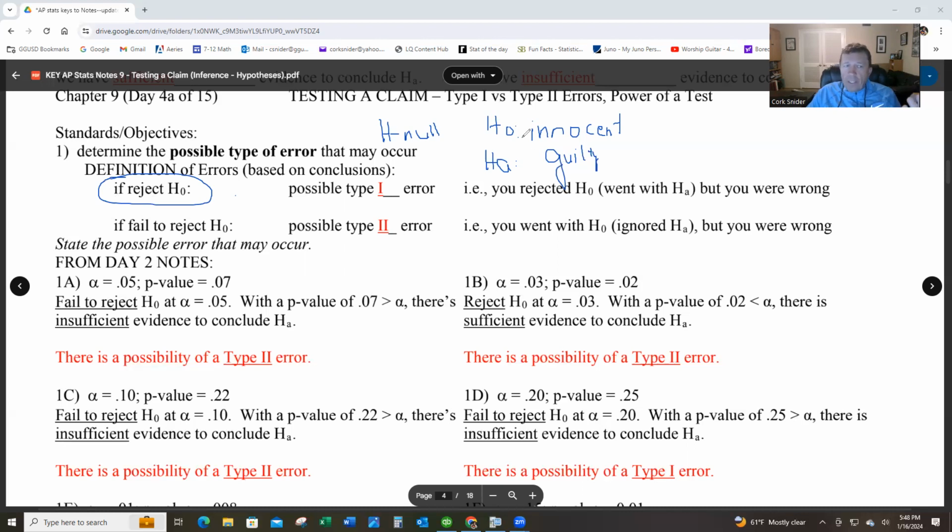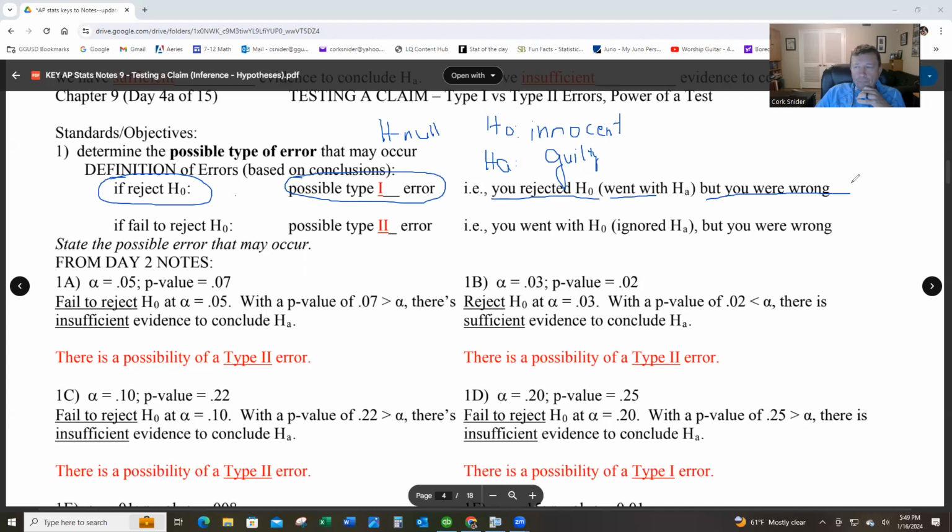So if you reject H0, you're basically accepting that HA is true. If you are eventually found wrong on that, like some crazy situation where a lookalike was doing that, that's called a Type 1 error. A Type 1 error, by definition, is when you rejected H0 and went with HA, but later found out you were wrong.